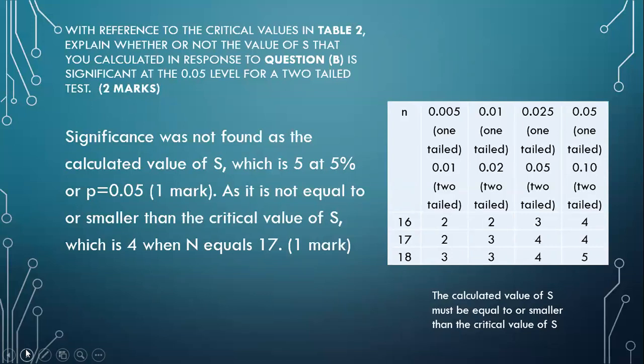So when we use the critical value table, we know there are 17 participants, that's our N, so we put it in there. We can see it is 4, and therefore 5 is not equal to or smaller than 4, so we definitely know significance wasn't found. It's important for you to state whether significance was found or not, and then explain why. Really important to be able to do that.